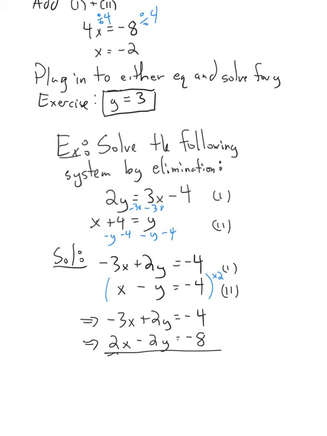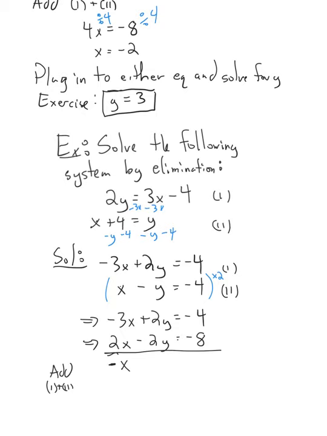All right. So now, it looks like we can add these. So let's add 1 and 2. Negative 3x plus 2x is, sorry, negative 1x, my mistake.